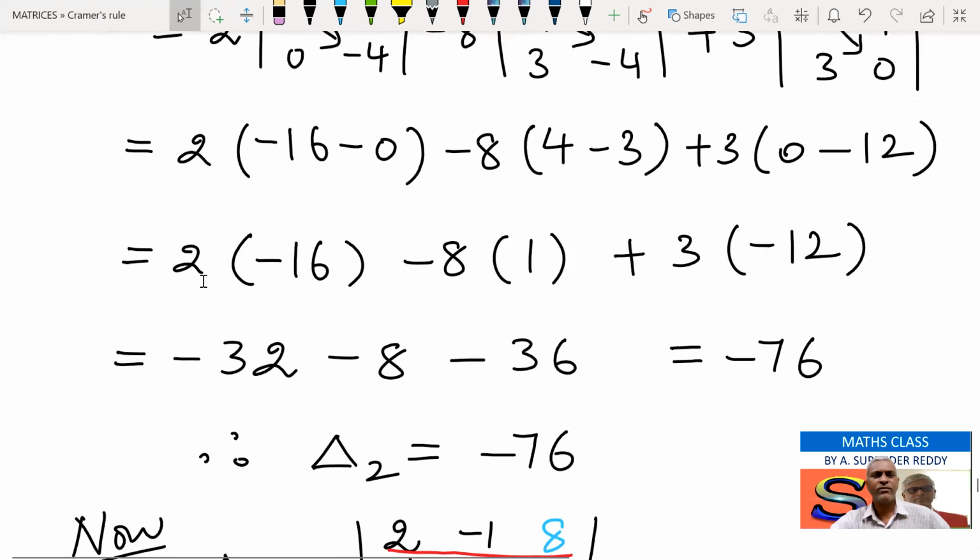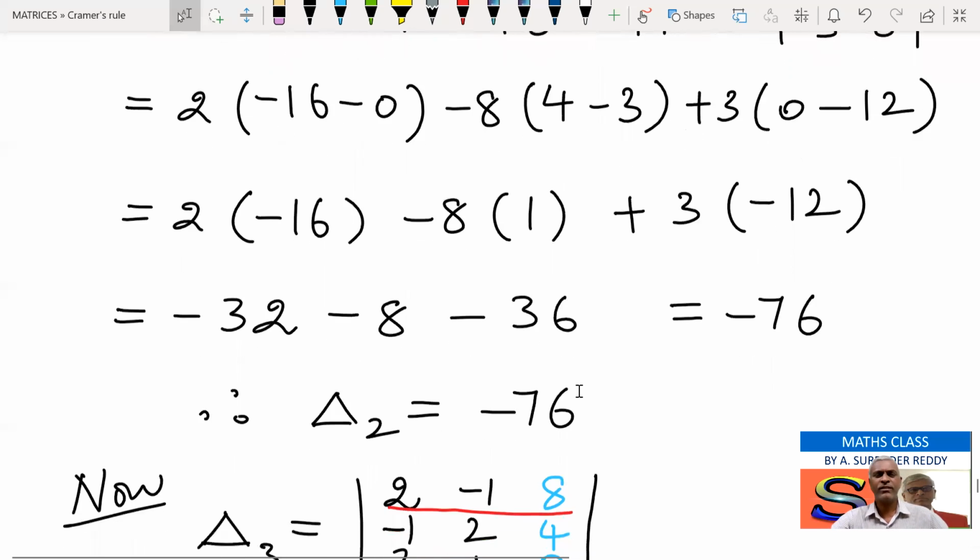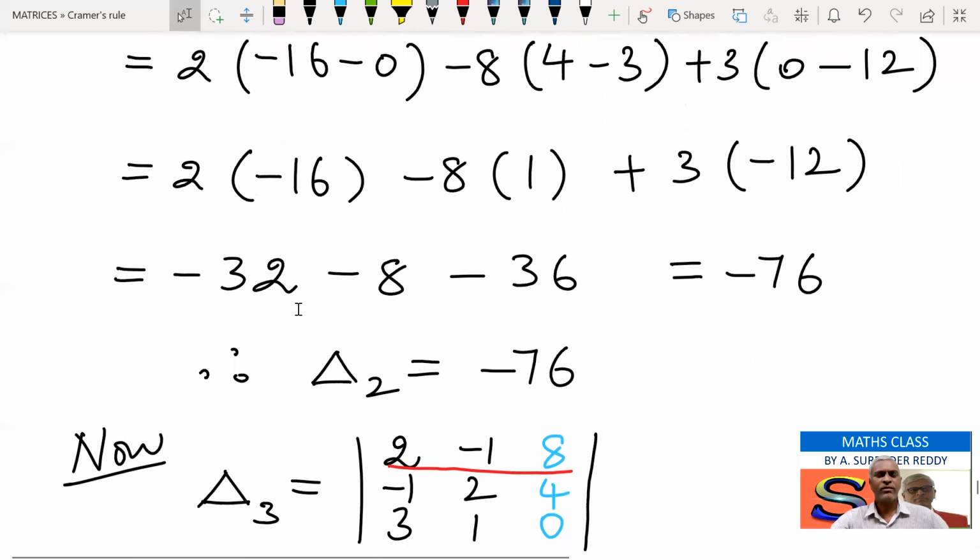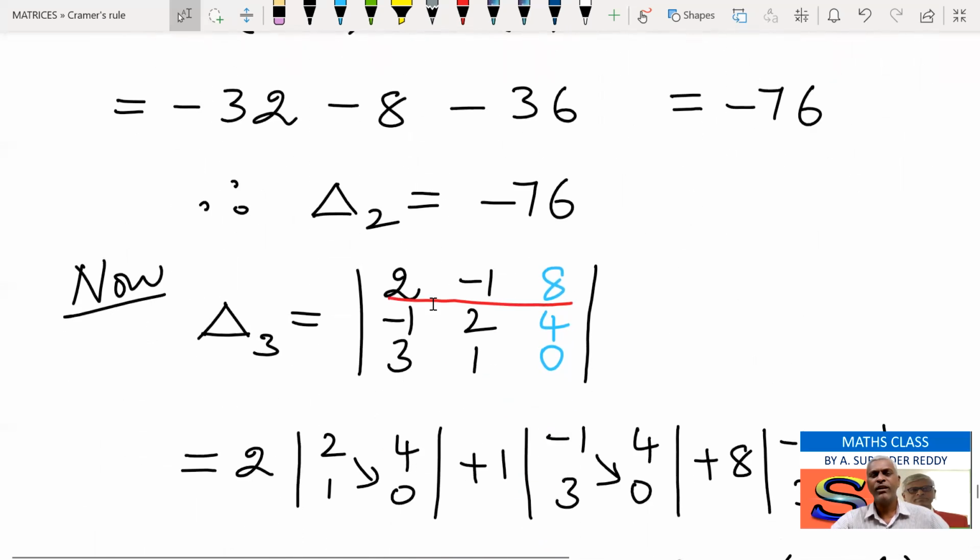So minus 16, 4 minus 3 is 1, minus 12. 2 into minus 16, minus 32, minus 8 into 1, minus 8, 3 into minus 12, minus 36. Minus 32 minus 8, minus 40, minus 40 minus 36, minus 76. Delta 2 value is minus 76.